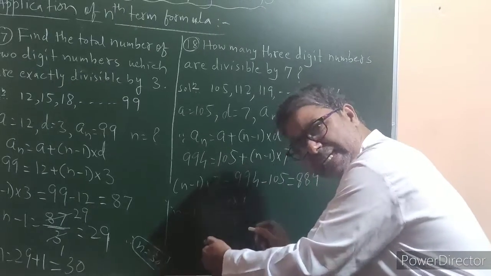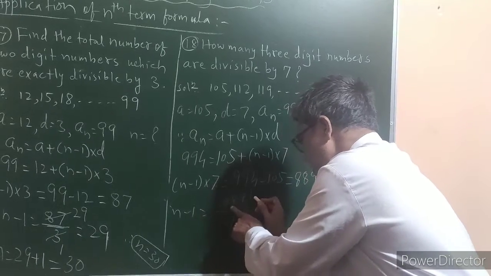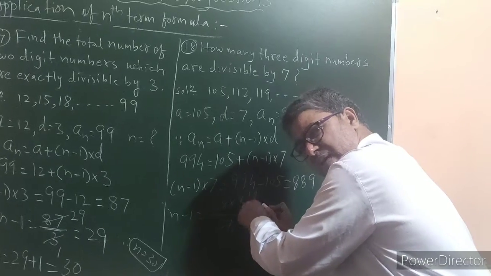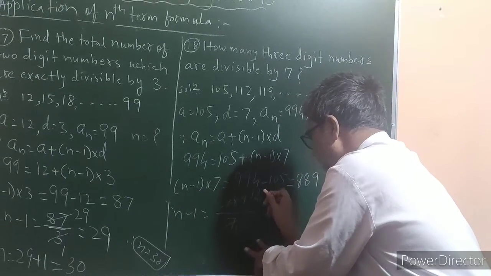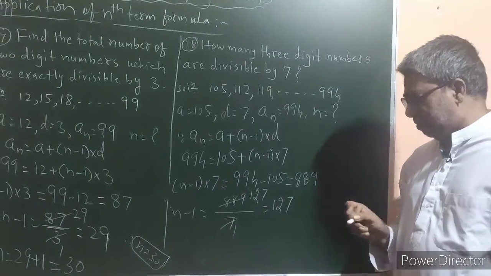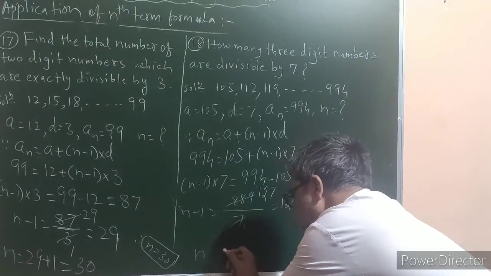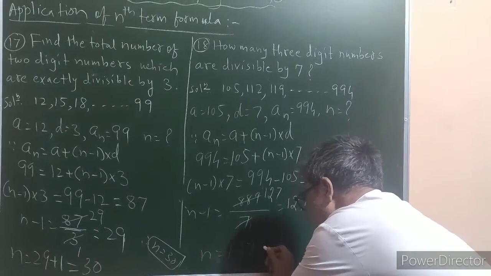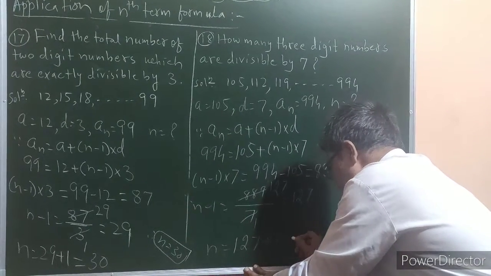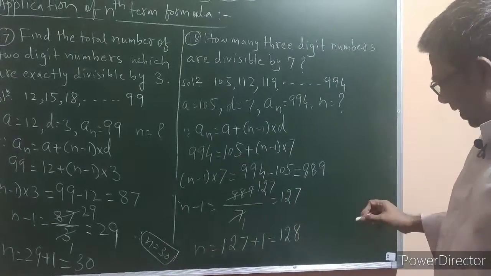Divide 889 by 7. 7 ones are 7, 7 ones are 7, 1 remains, 18, 7 twos are 14, 4 remains, the number becomes 49, 7 sevens are 49, so the number is 127. n minus 1 is equal to 127, therefore n is equal to 127 plus 1, which is 128.